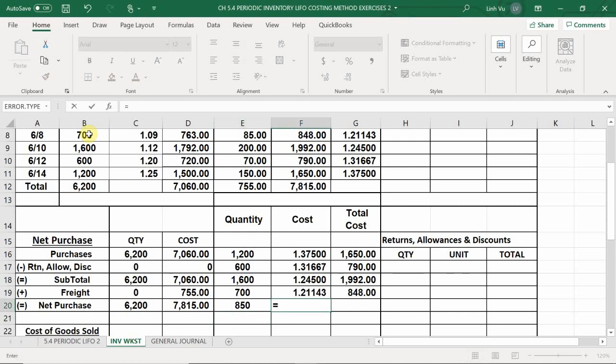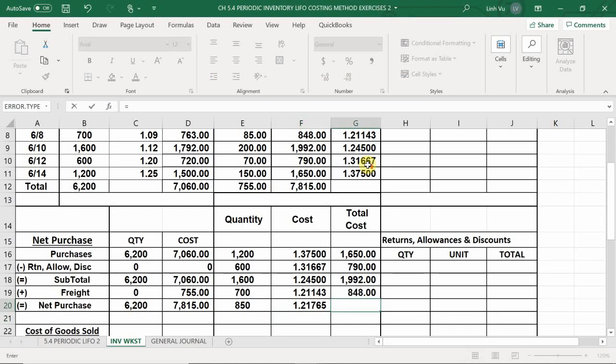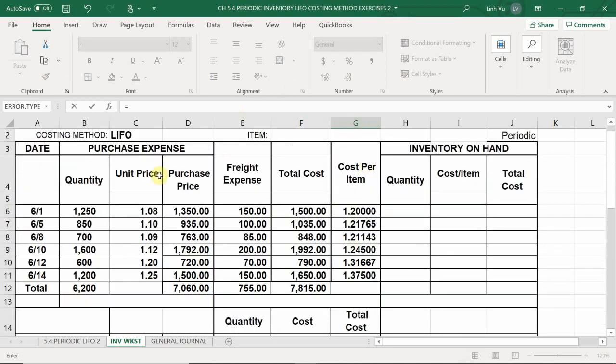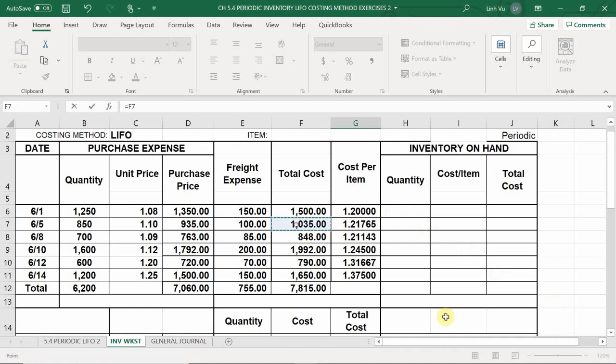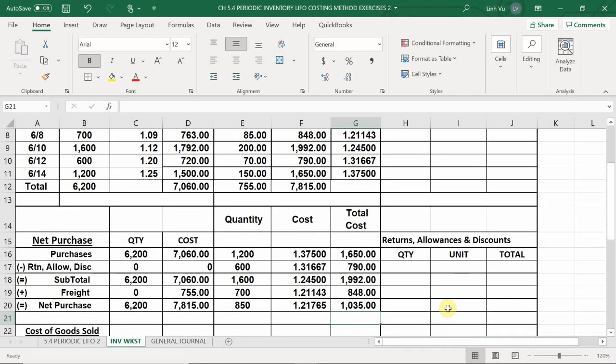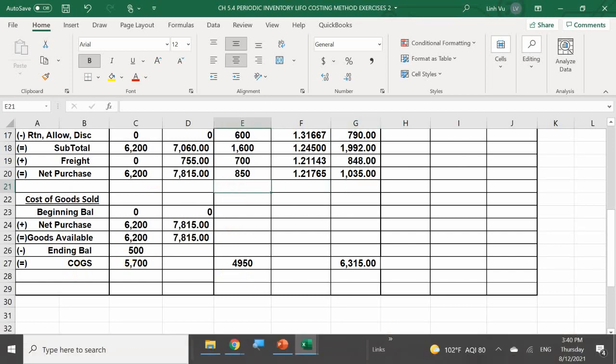Since we're going to be taking out the whole entire 850, once again, we know what that whole entire amount is. It's going to be 1,035. Okay? So let's see how much I have left. I am right now at $4,950. How much more do I need to sell to get to 5,700?